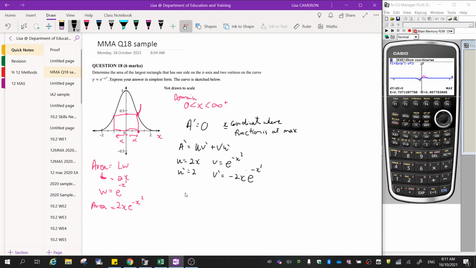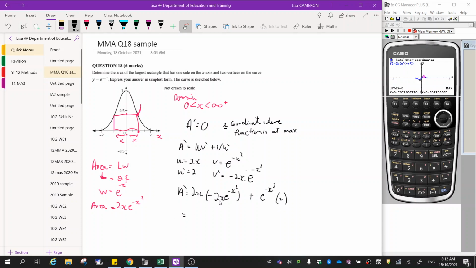Okay, so now I can chuck this into product rule. A dash is equal to 2x bracket e to the minus x squared bracket. Wait, nope, stuff that up. Okay, minus 2x e to the minus x squared bracket plus e to the minus x squared times 2.